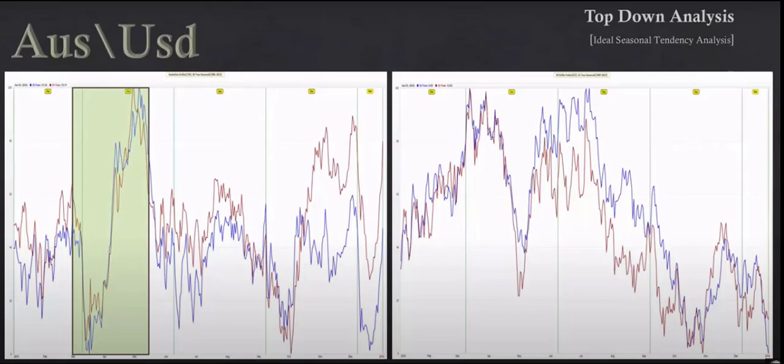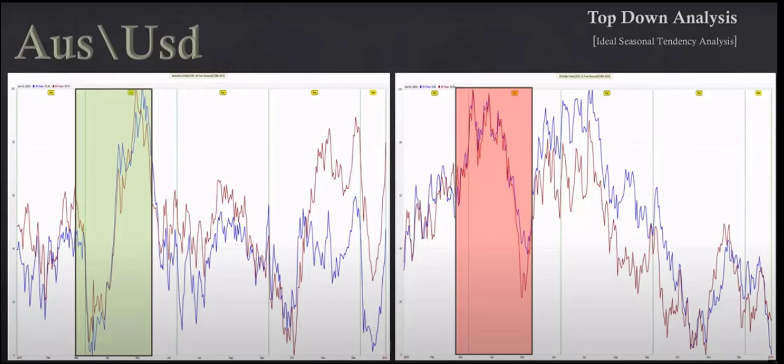Now, if this is true, we should see a sell-off in the dollar index. And we do. In fact, we see that same scene occurring, a decline from March making a low in May.